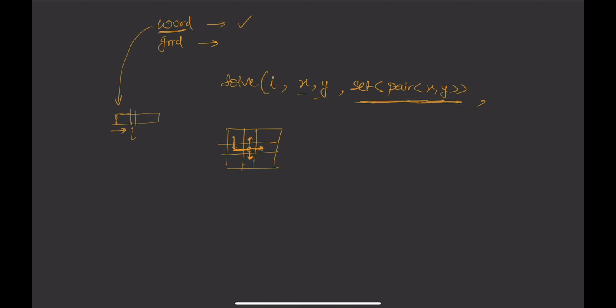These locations will be unique, so I can delete once I go here. If from here the word is not possible, then I should delete this and then explore from here. So from the set I can do deletions. I think these three only. Yeah, let's write the code.